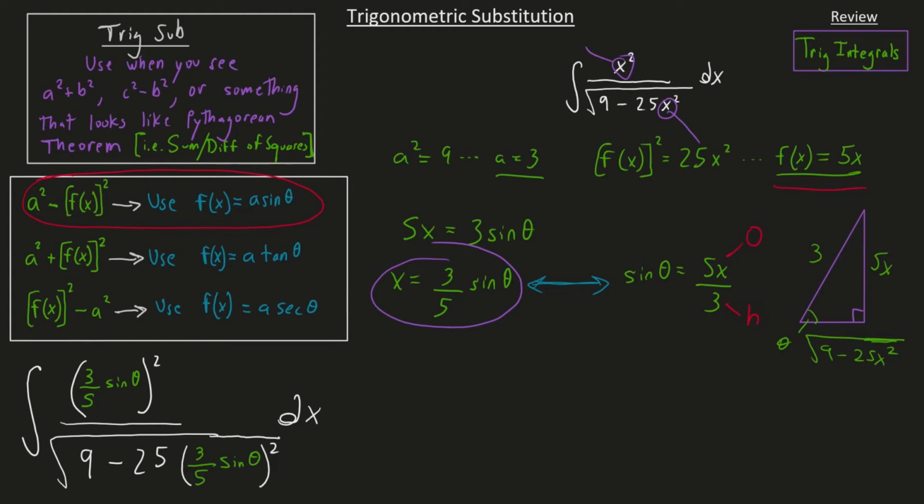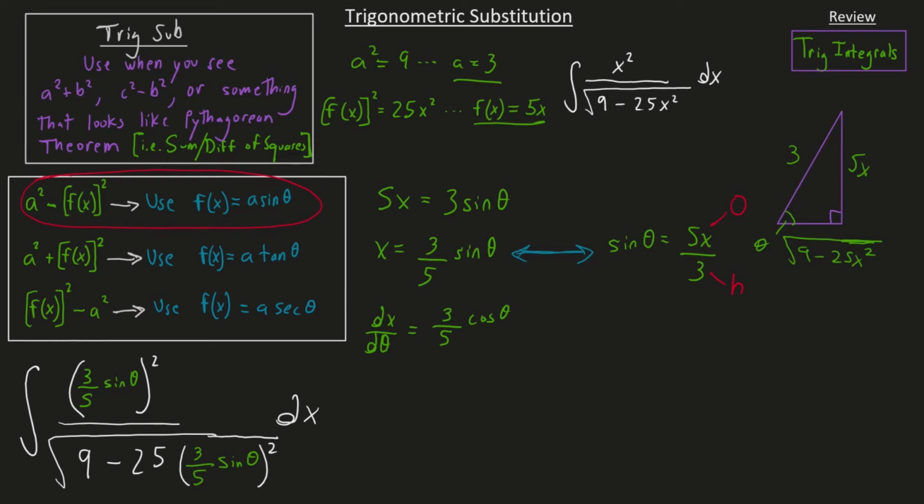But I also got to get this dx out too, which just means I have to take the derivative of this. So here's the derivative right here of my x substitution. Of course I want to get dx by itself, so I multiply by d theta on both sides. And now I can replace this dx by all of this.